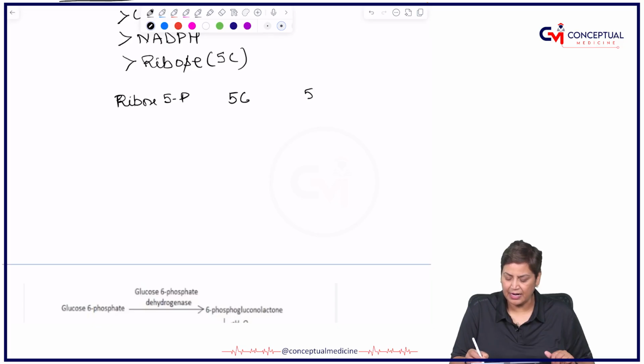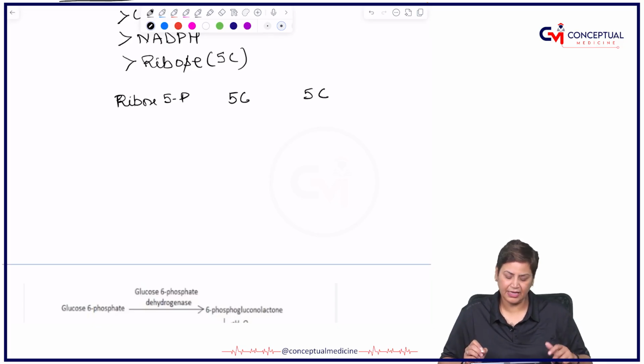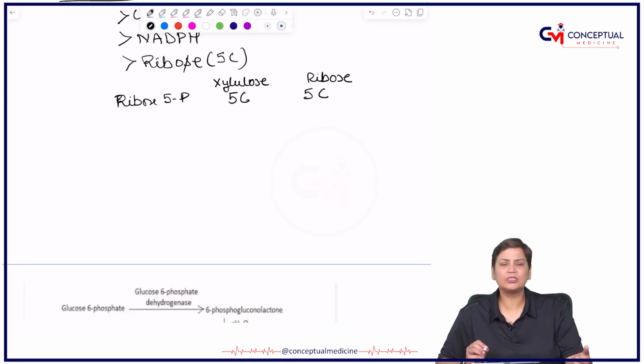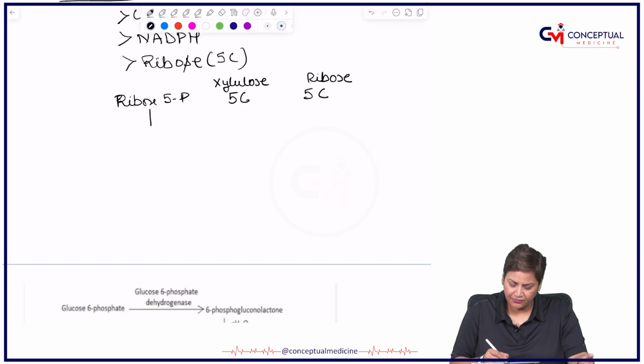5 carbon atom and 5 carbon atom will be there. It will be xylulose also, I can say, because xylulose is also having 5 carbon atoms. So what happens is this 5 carbon atom will combine with each other. So 5 plus 5 is what? 10 carbon atoms.